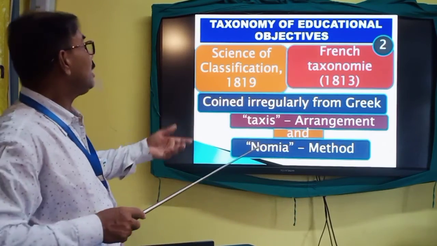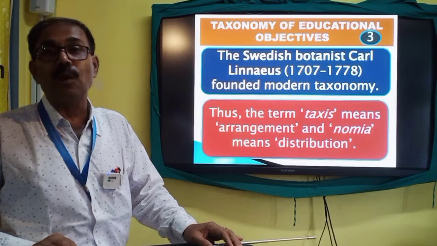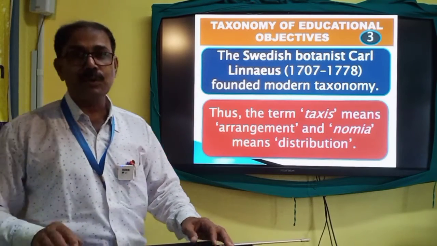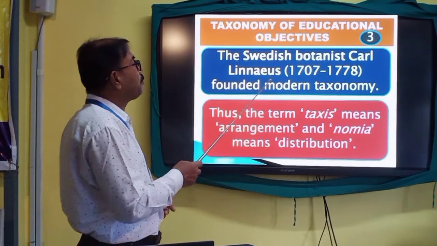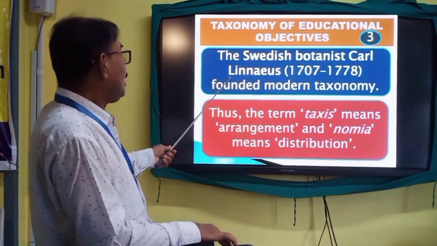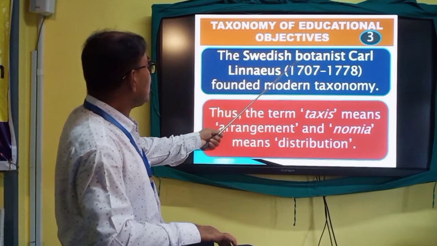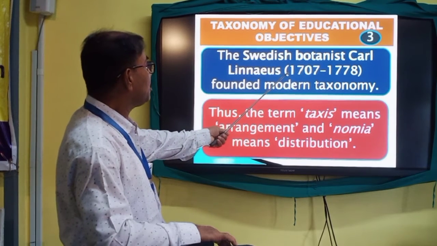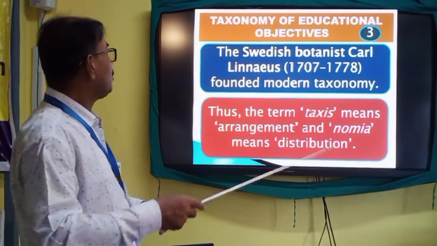Let us see the next slide. The Swedish who used the term first of all in the field of science, you are to know so well. Once you go to the field of science, you will come to know about the Swedish botanist Carl Linnaeus. He was born in 1707 and died in 1778.